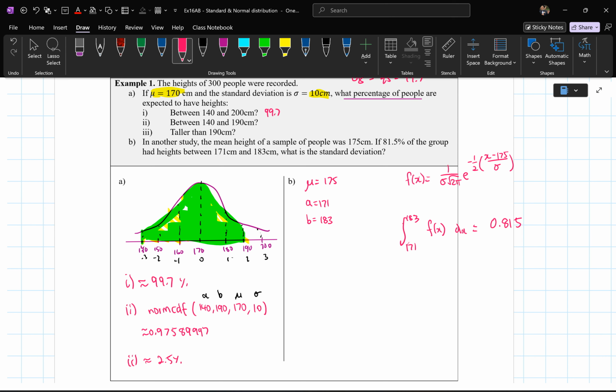Which combinations of those adjacent to each other would add to the area given? I figured out it was the middle two plus 1 standard deviation on one side. From there you know that's a 3 standard deviation range. So 183 minus 171 gives you 12. Therefore you do 12 divided by 3 to get the 4 standard deviation.